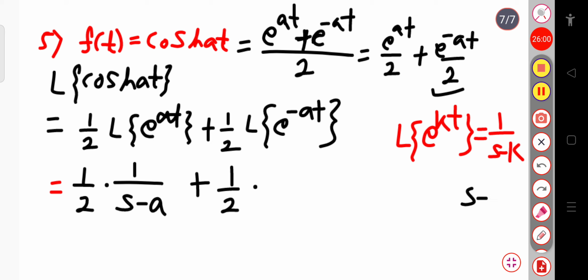So this will be s plus a, 1 by 2 into 1 by s plus a.